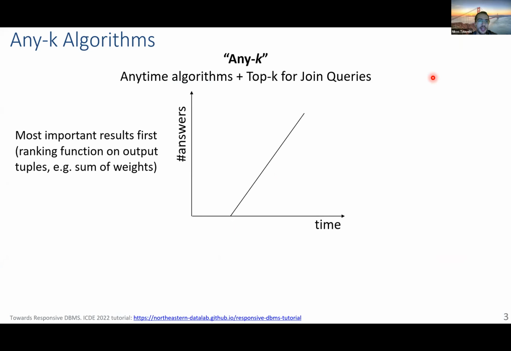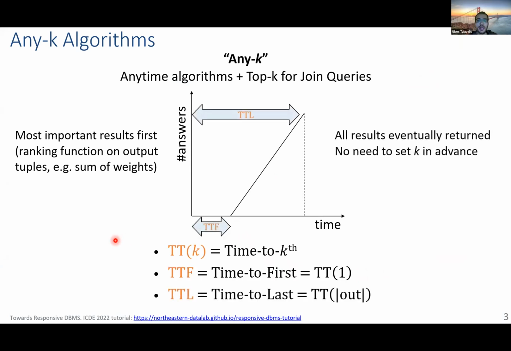And the idea, let me remind you again, is that we want to see the top answers very early. So basically, we are interested in the time to k, as we said, and also special cases of that are the time to the first result, and the time to the last result.